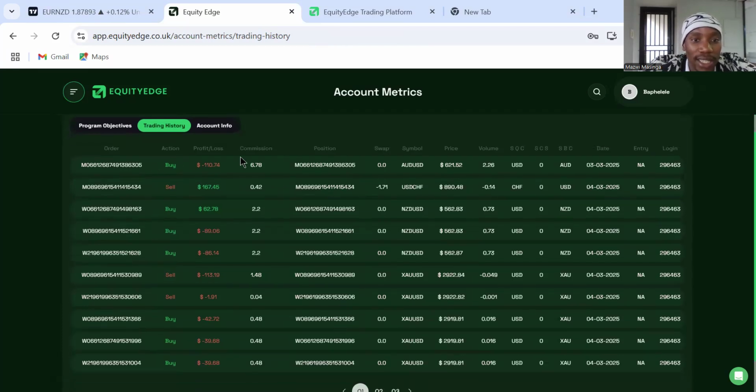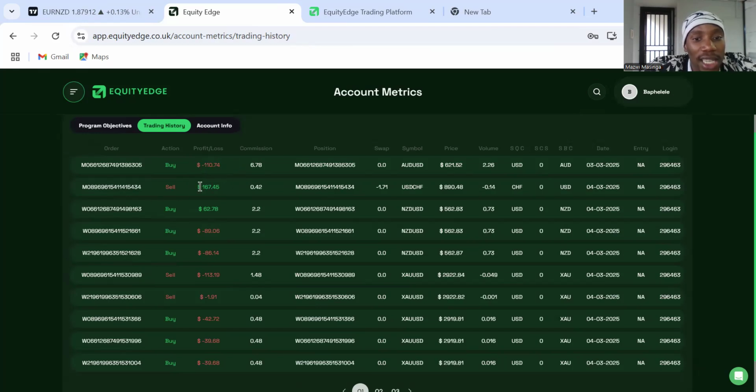History, this was my first trade that I took. I took a loss on AUD USD, which ended up, I risked 1%, guys, but because of spread and commission and stuff, it ended up making 110.